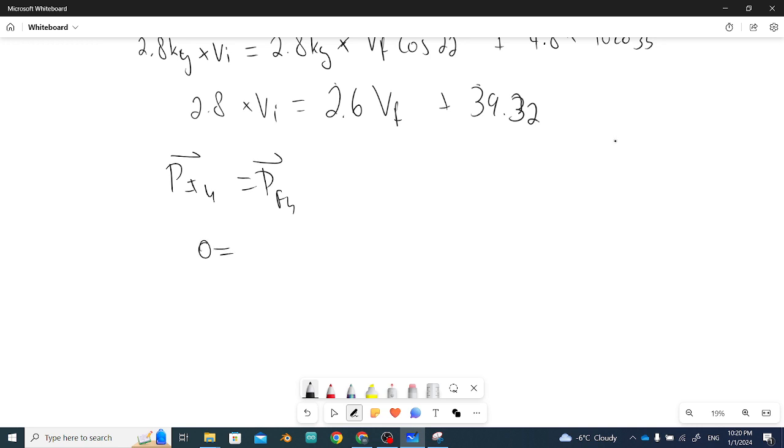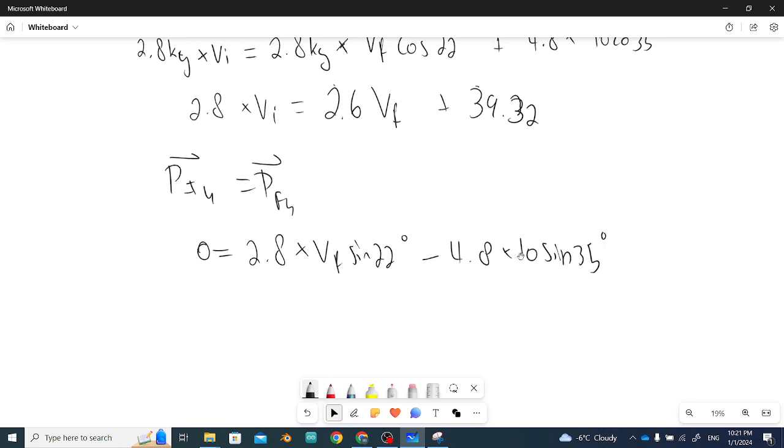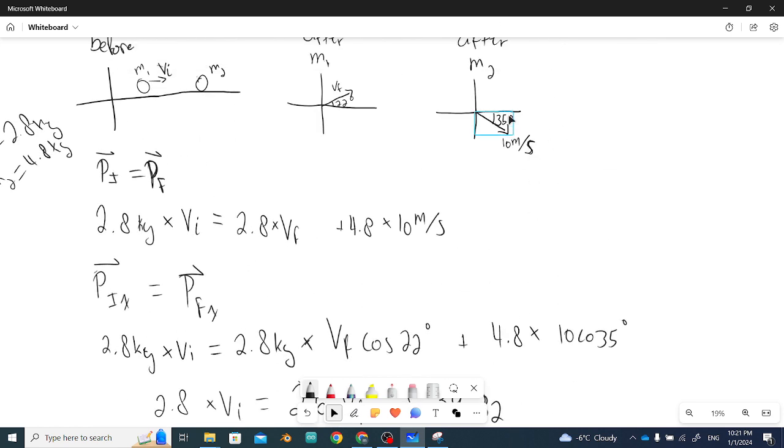Then it will be equal to m1, 2.8 times VF sine 22, plus 4.8 times 10 sine, actually it's minus sine 35, since we can see it's in the fourth quadrant, so the y should be negative.